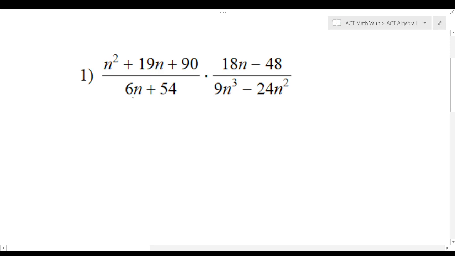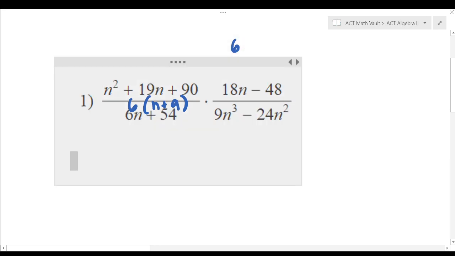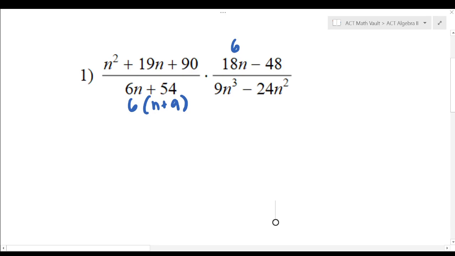One thing I'm noticing with these terms here is I could take a 6 out and get n plus 9 left over. I could take a 6 out here and have 3n minus 8 left over.